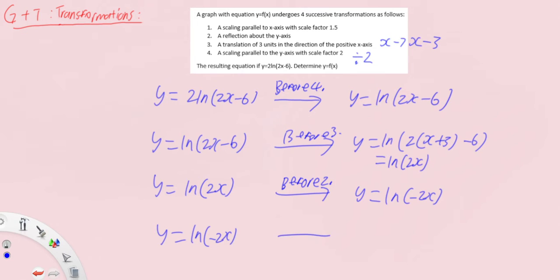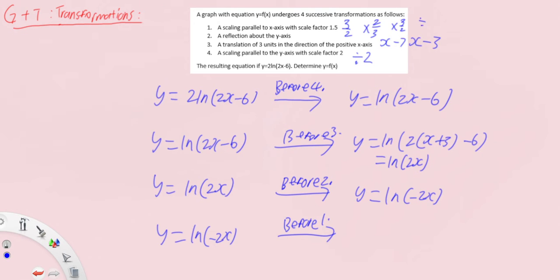Now the last transformation, which is a scale parallel to the x-axis with scale factor 1.5, aka 3 over 2, which means if you think about it, how you actually transform, right? You apply every x value with the factor 2 over 3. So you times every x value with 2 over 3, which means now you need to times every factor by 3 over 2.